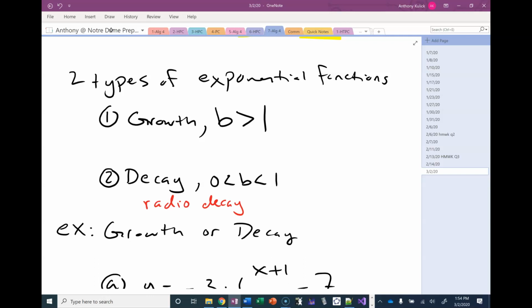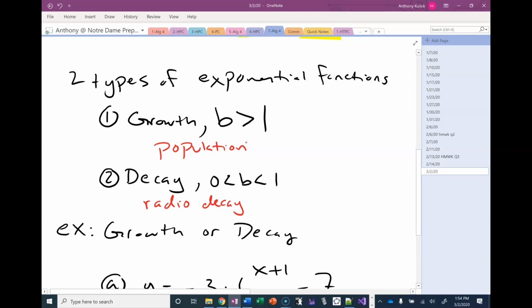So exponential growth. How many of you guys have had a biology class recently? Okay. Can you think of anything from your biology class that might be described exponentially? Population. That's exactly right.